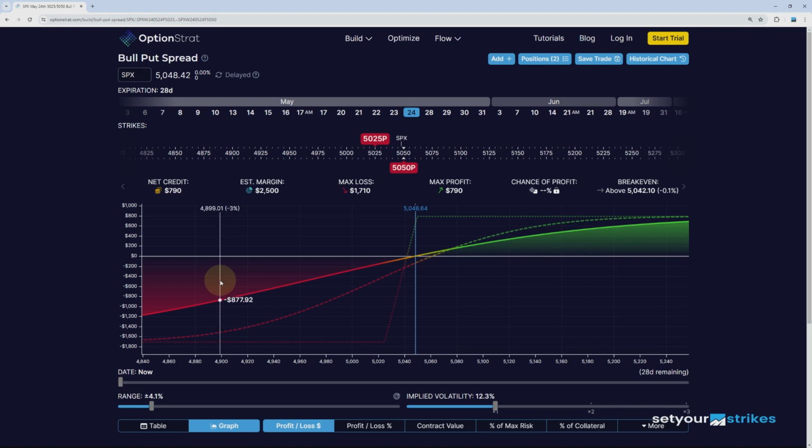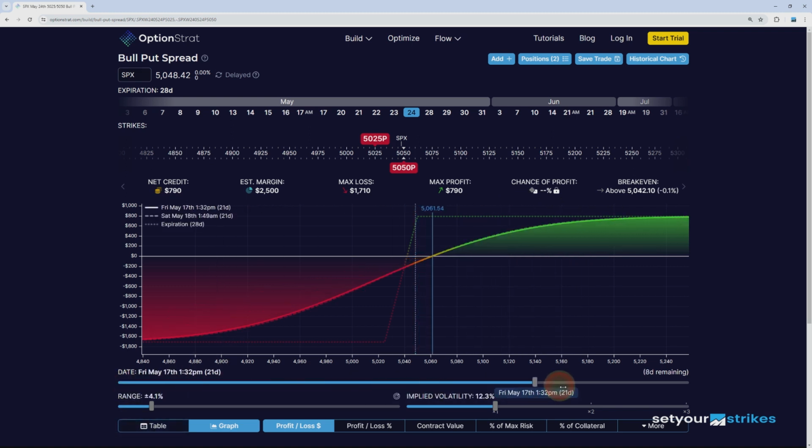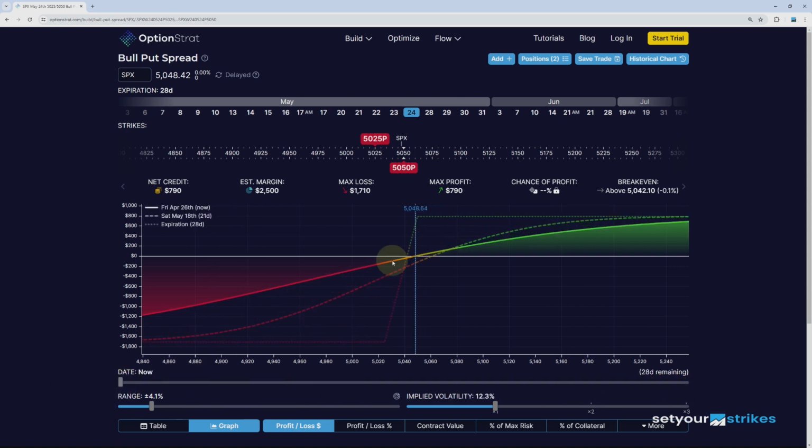Okay, so this is how the tool works. We're able to actually manipulate this diagram and actually show our current P&L curve. So this is, again, 28 days to expiration. We're putting a new trade on. Our break even currently right now is going to be right where the underlying is trading at, right?